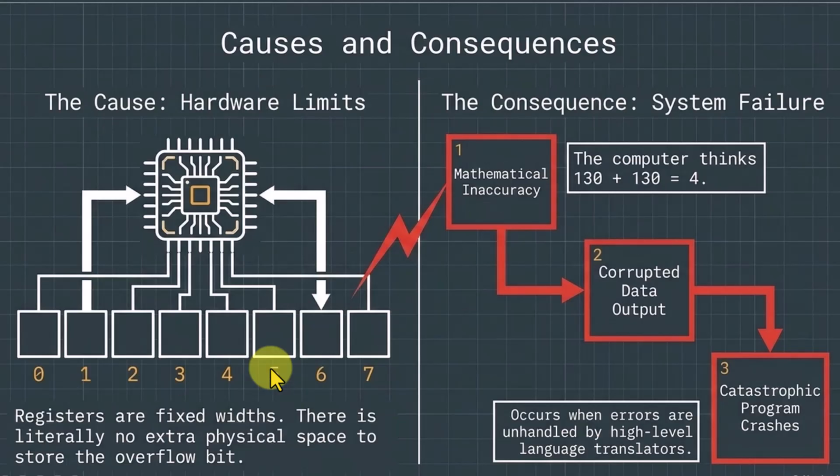Okay, and causes and consequences. What is the reason and result of that? The cause is a hardware limit. Registers are fixed widths. There is literally no extra physical space to store the overflow bit.